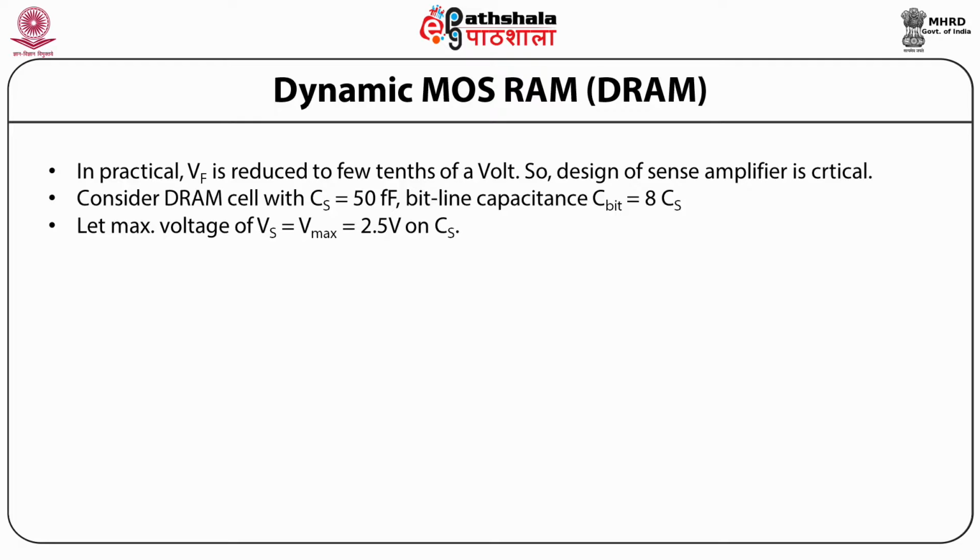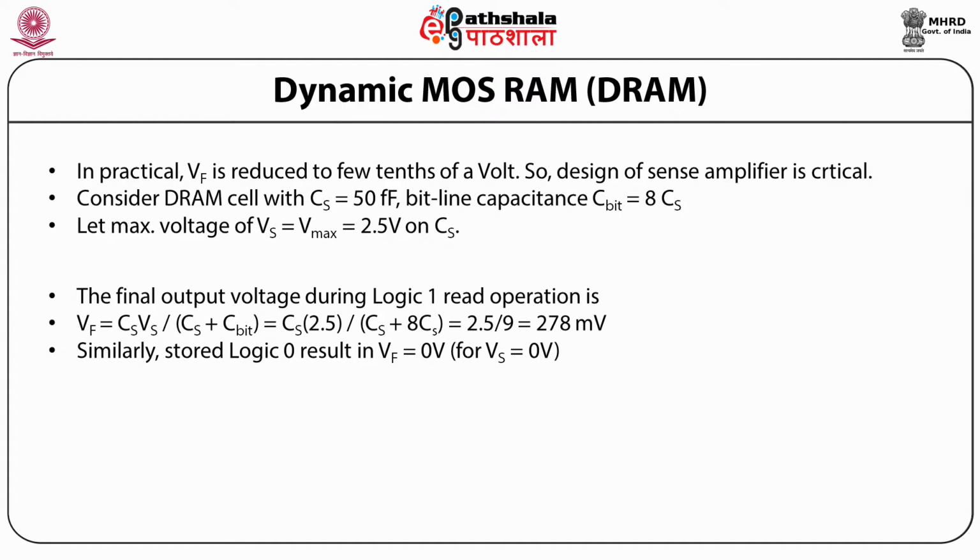So consider a DRAM cell with Cs equal to 50 picofarad. Bit line capacitance is C bit equal to 8 Cs. Let the maximum voltage of Vs equal to Vmax equal to 2.5 volts on Cs. So the final output voltage during logic 1 read operation is Vf equal to Cs Vs by Cs plus C bit.